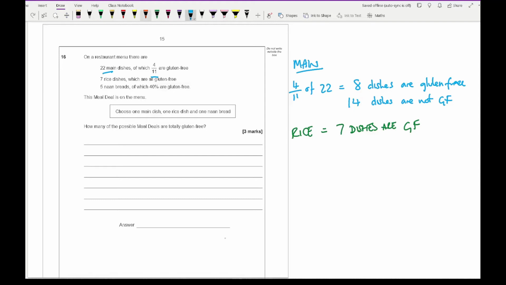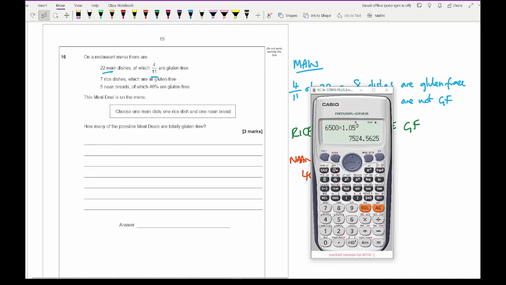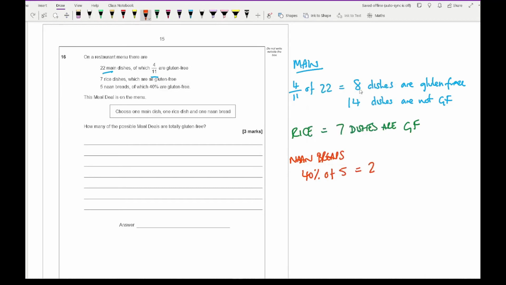So in terms of the naan breads, we've got 40% of 5, so 0.4 times 5 gives me 2. So we've got 2 naans are GF, and so therefore 3 not GF.